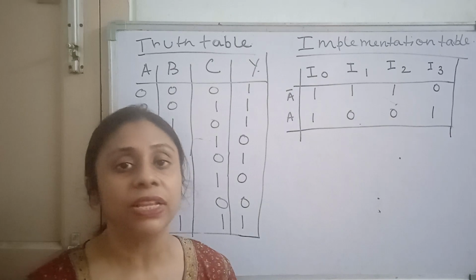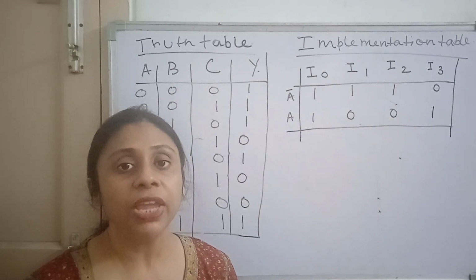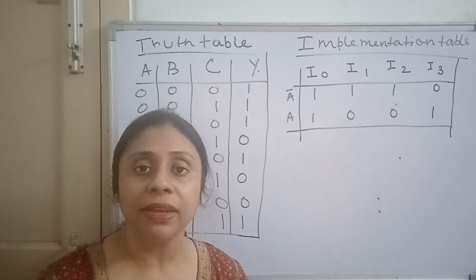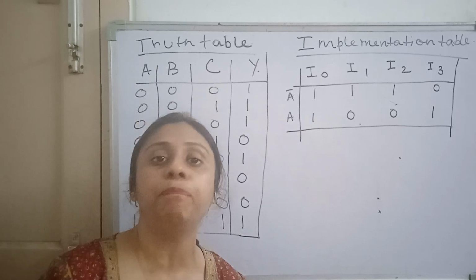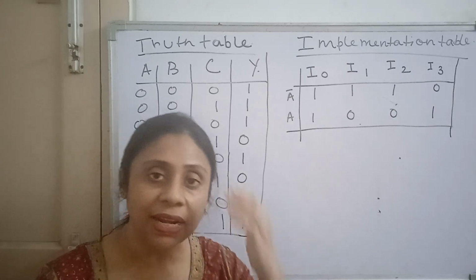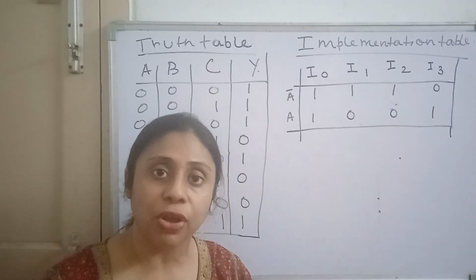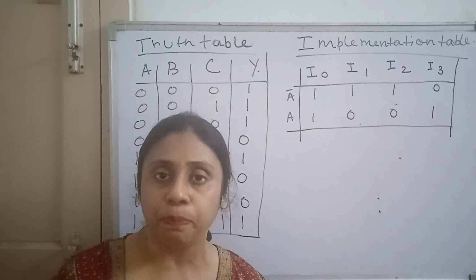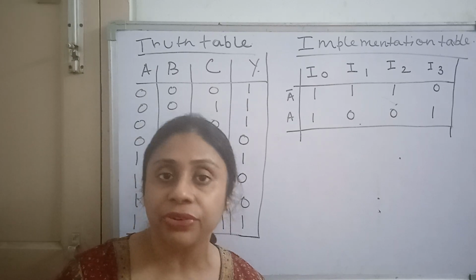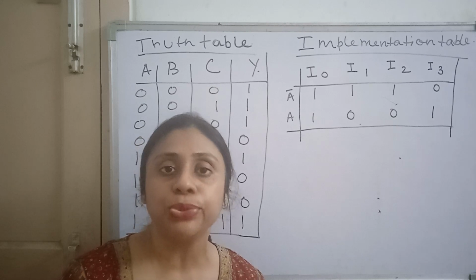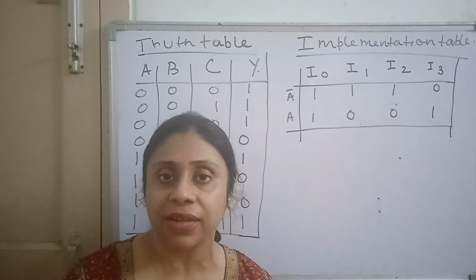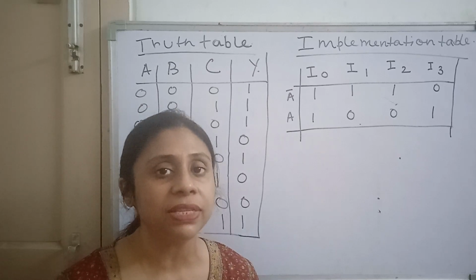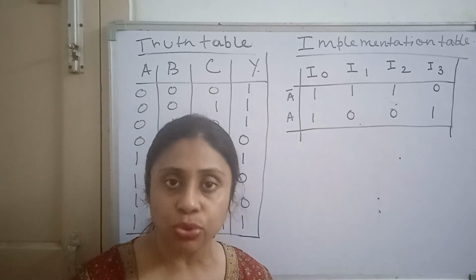We use the select lines, and the select line inputs will be the input variables. A, B, C are the 3 input variables. From these 3, we will use 2 at the select lines, because in a 4:1 multiplexer the number of select lines is 2.